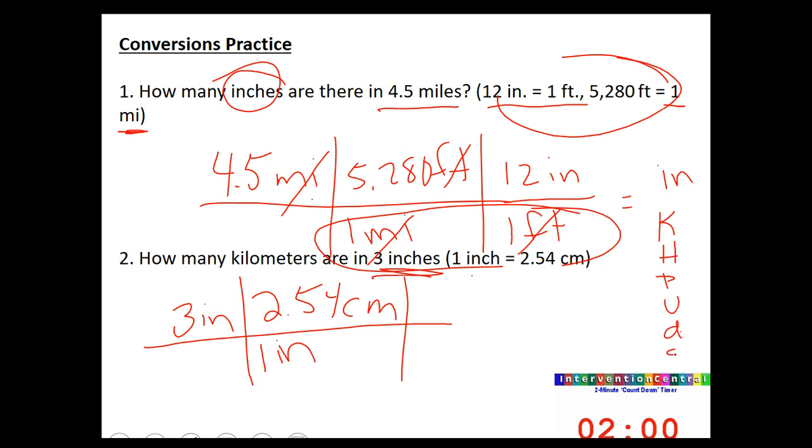Drinking, whoops, I ran out of room. Chocolate milk. Okay. So the big guy, whoever is higher up, gets the 1. So K is going to get the 1. The little guy is going to get the number of zeros that equals the number of jumps it takes to get to where I'm going. So I'm starting here at centi, and I need to go here to kilo. Now I know that centi has to go here in order for centi and centi to cancel.